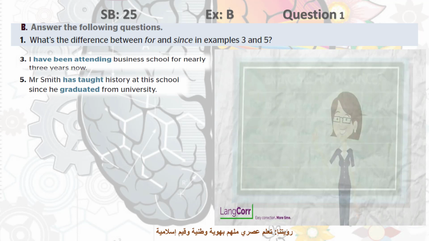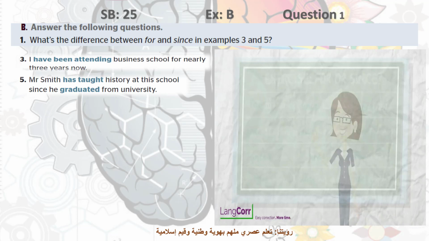What do you think the difference between since and for is? Let's read the two sentences. Sentence number 3. I have been attending business school for nearly 3 years now. Sentence number 5. Mr. Smith has taught history at this school since he graduated from university.